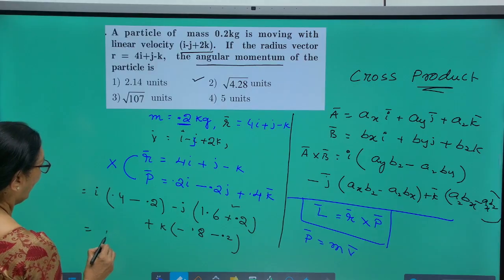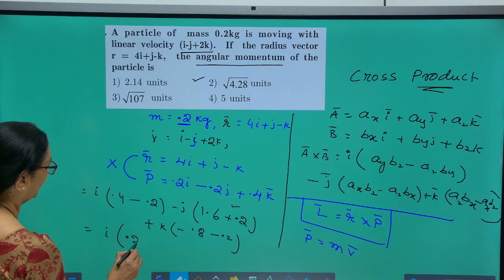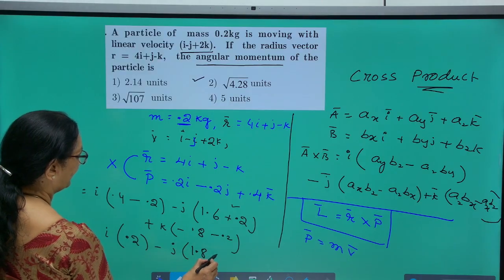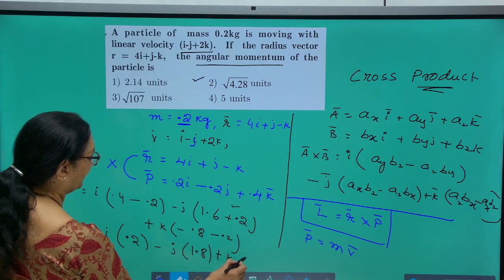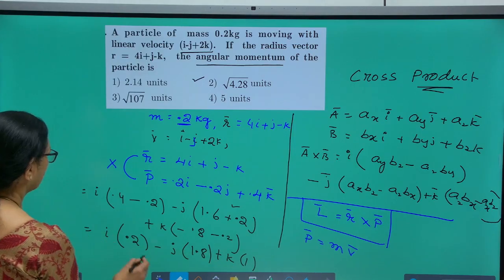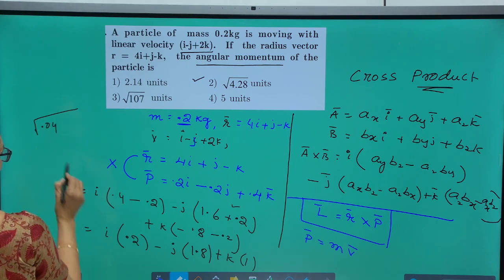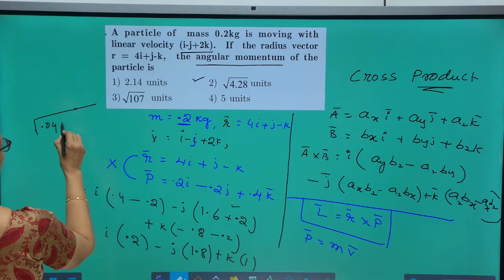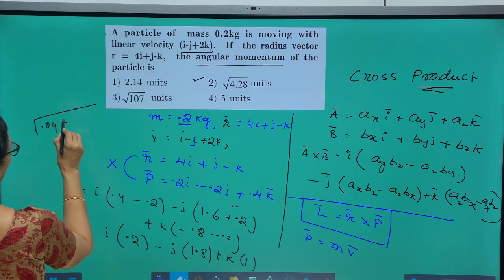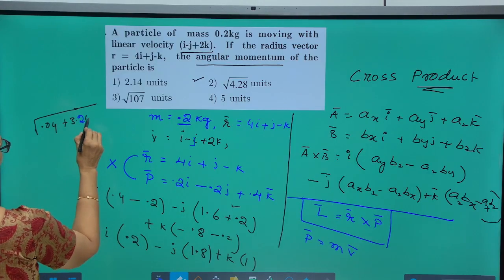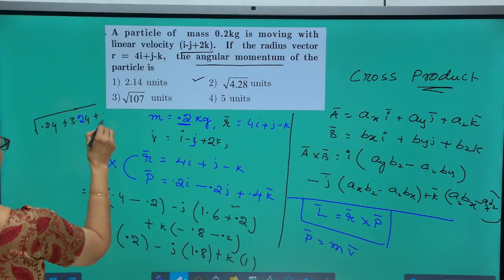So, here i into 0.2 minus j into 1.8 plus k into 1. So, this is square root of 0.2 square, 0.04, 18 18s are 324. So, 3.24 plus 1.